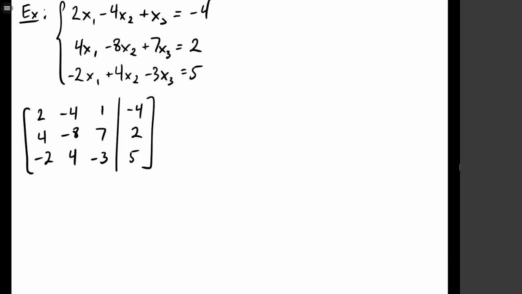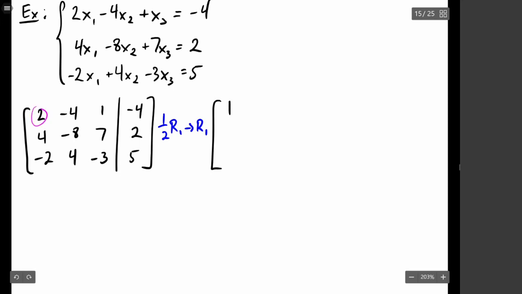So we're going to have to just sort of eat this and divide by 2, which again, no big deal. So 1/2 of row 1 goes to row 1. When we do that, we get our leading 1 that we want. Remember, this is still the first thing we want to change. We get our leading 1, -2, 1/2, -2. The rest of this just for now.